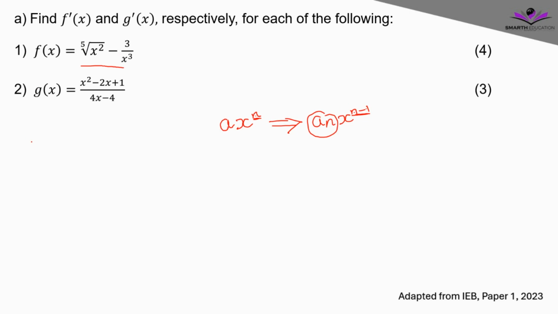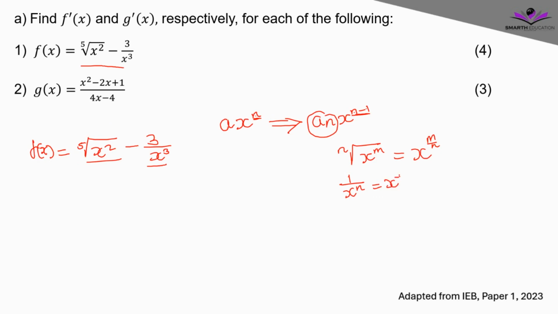Let's start with 4a1. We have f of x is equal to the fifth root of x squared, then minus 3 over x to the power 3. Now you have to remember that the nth root of x to the power m is equal to x to the power m over n, and that 1 over x to the power n is equal to x to the power negative n.